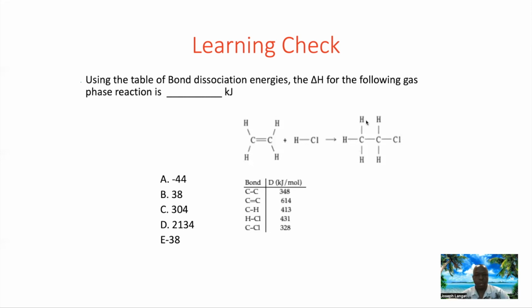So 5 times carbon hydrogen is 413 plus carbon chlorine right here. Carbon chlorine is 328. You need to do the math, add this, and subtract. Remember, reactant minus product to get the bond enthalpy. Reactant minus the product.